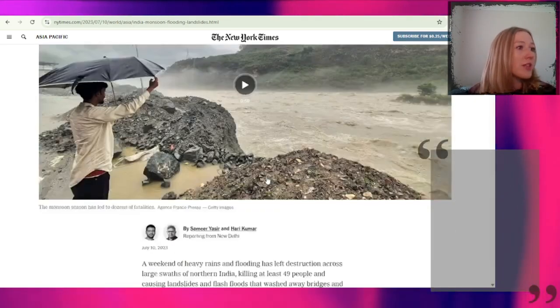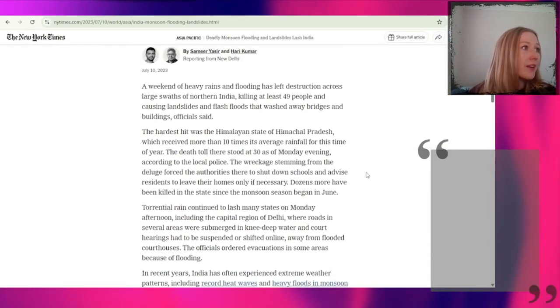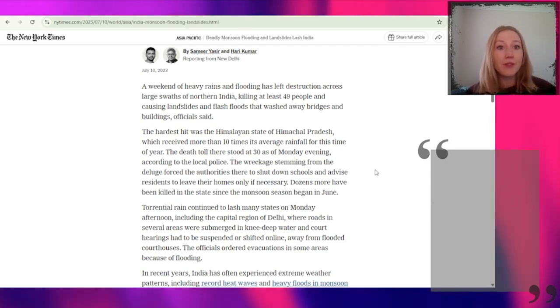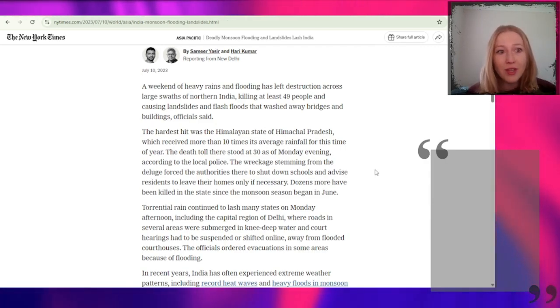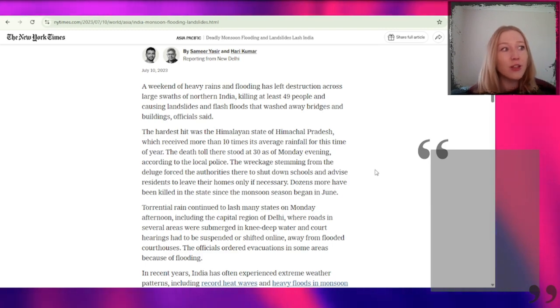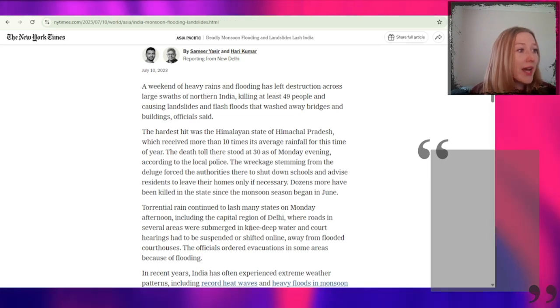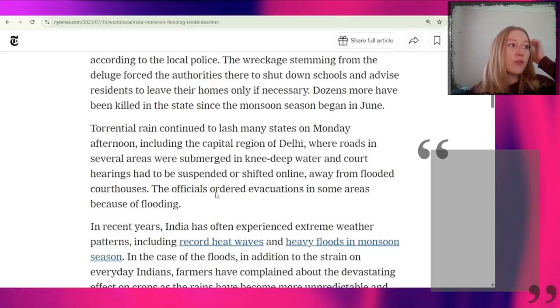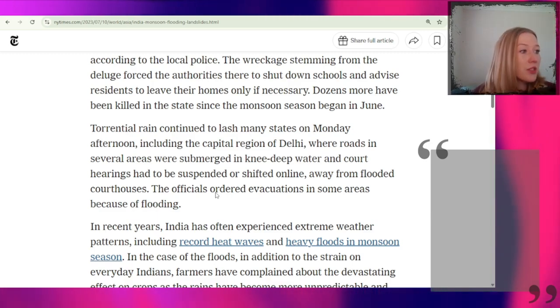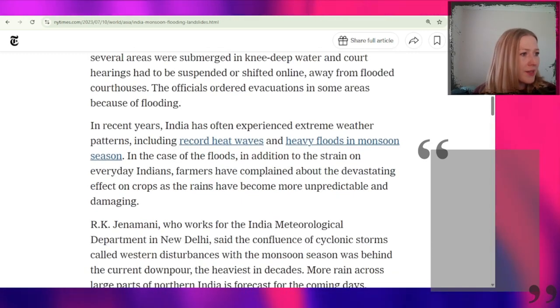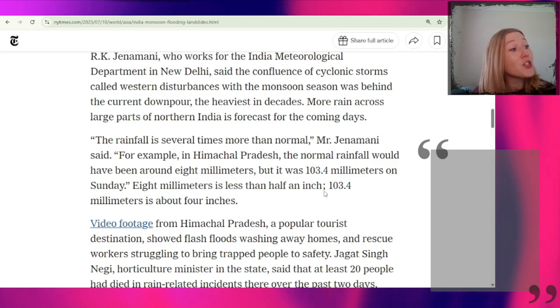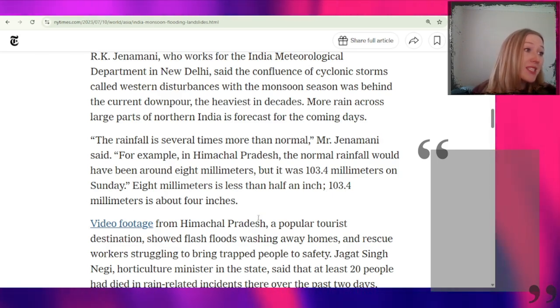So this is not directly the rain and the flooding, but this is how it can impact the environment, which would cause its own natural disaster again and impact the people. So we have this torrential rain that lasted for several days. We have this torrential rainfall, this knee-deep water, and this extreme weather, and sure, 103 millimeters.